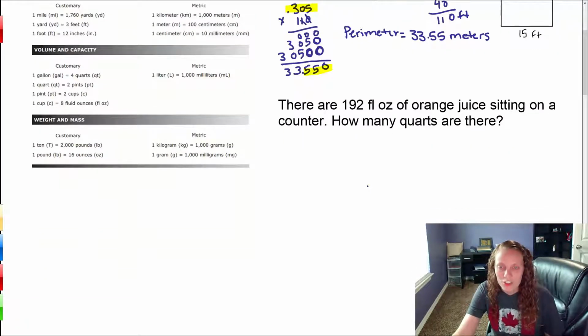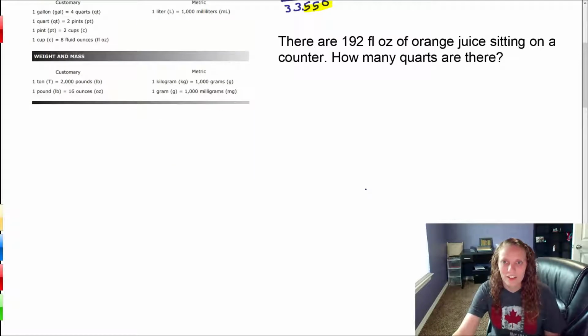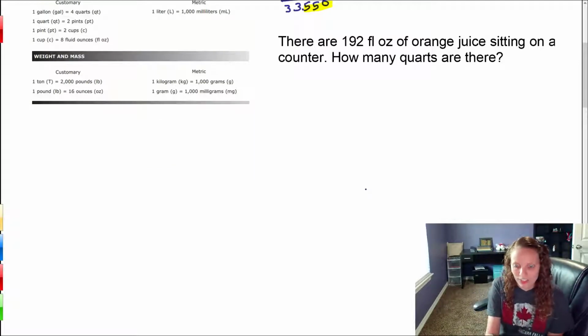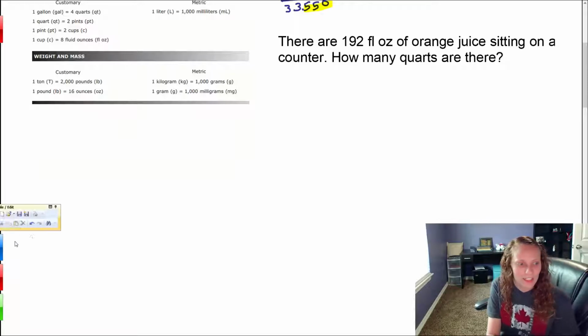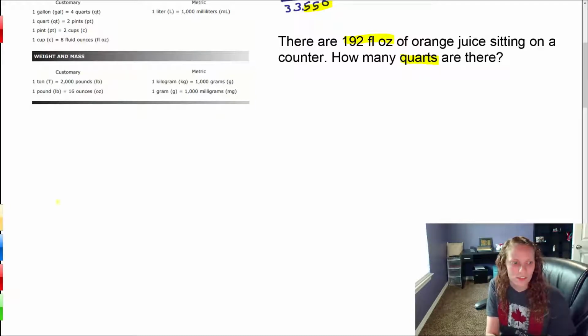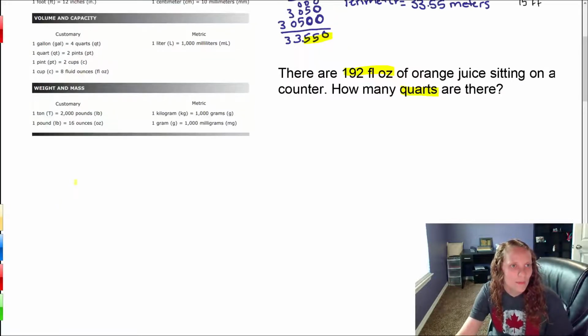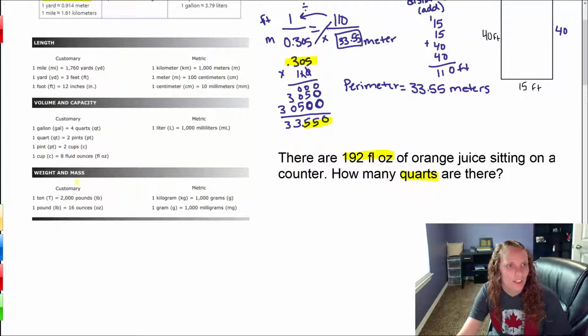All right, let's try the next one. There are 192 fluid ounces of orange juice sitting on a counter. How many quarts are there? So I see that we are going from ounces to quarts. Let's find something on our charts.